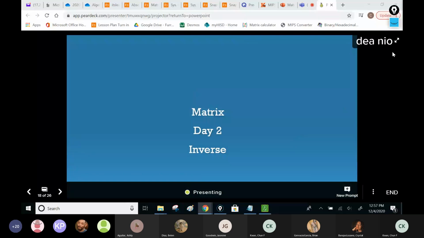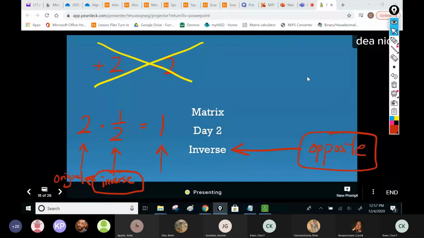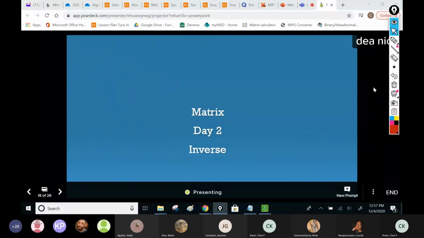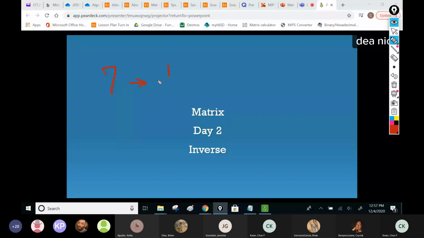All right, so let's go back to the inverse here. Once again, the inverse is a number, whatever number that is, that you multiply with the original to get a 1. That's the definition of the inverse. For a whole number, whatever whole number you have, the inverse is very simple: 1 over that number.